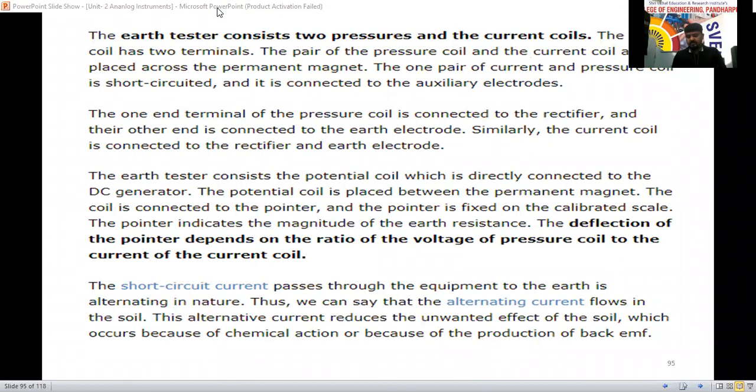So I'll ask here: the dynamometer, is it iron cored, steel cored, or air cored? Air core material, steel core, or iron core. Out of these three, which one is the correct answer? Dynamometer is iron core, steel core, or air core?